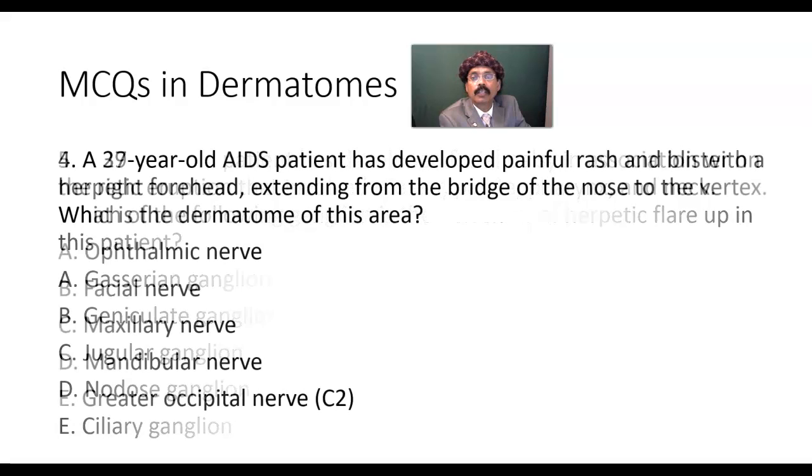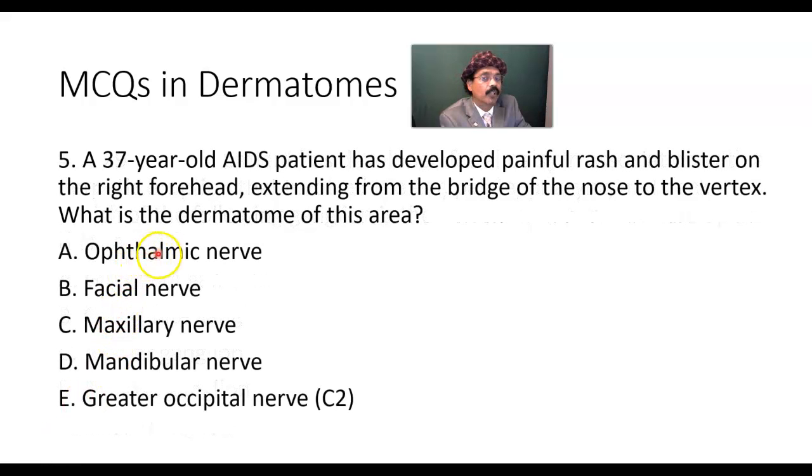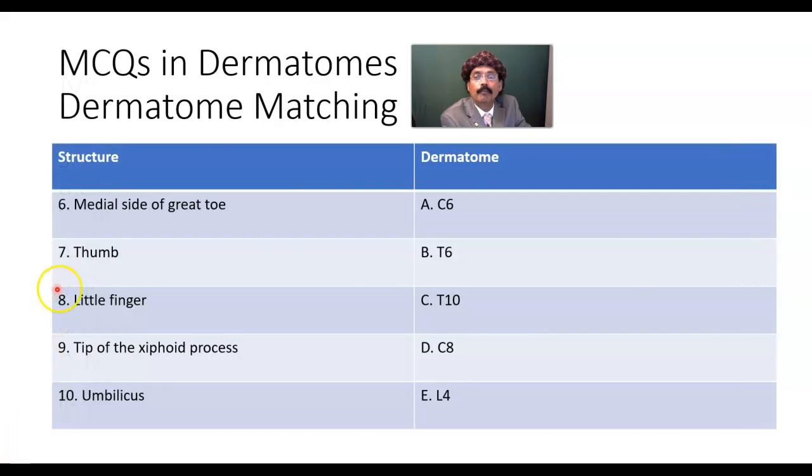And here we got the ophthalmic nerve, which is the nerve for the forehead up to the vertex, including the bridge of the nose to the tip of the nose, plus the side of the nose and the upper eyelid. That is the ophthalmic division of the trigeminal nerve. Now we will match some of the structures and dermatomes.